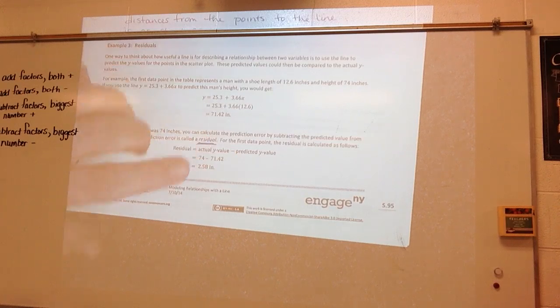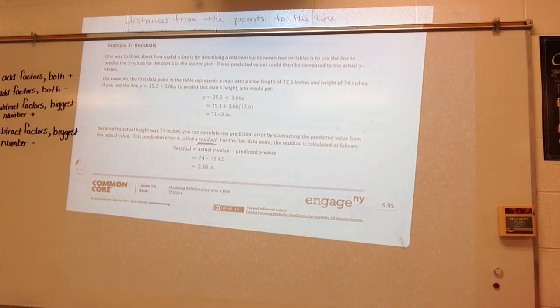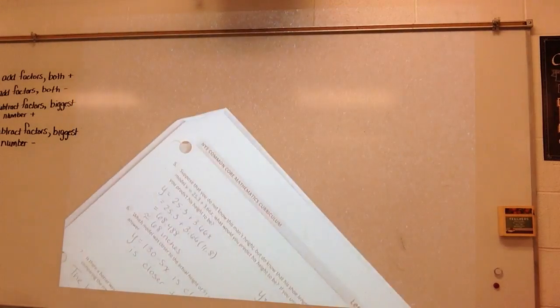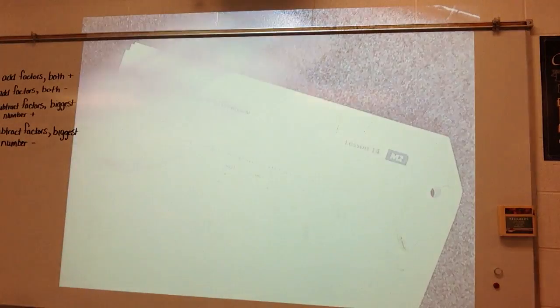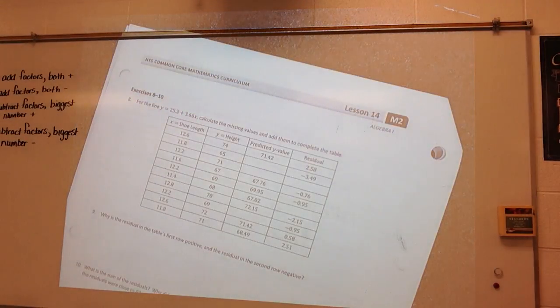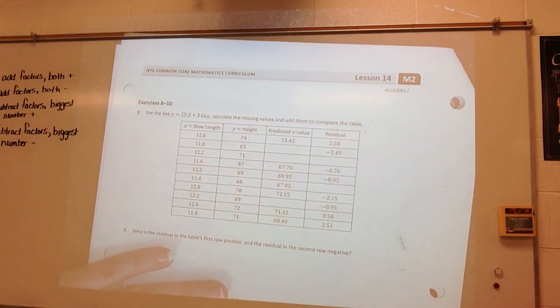So 74 minus 71 and 42/100 is equal to 2 and 58/100 inches. For the line y is equal to 25 and 3/10 plus 3 and 66/100 x, calculate the missing values and add them to complete the table.